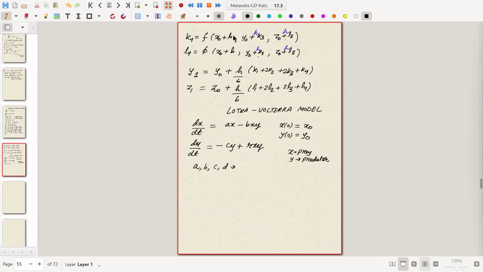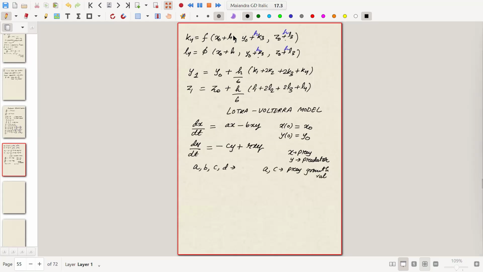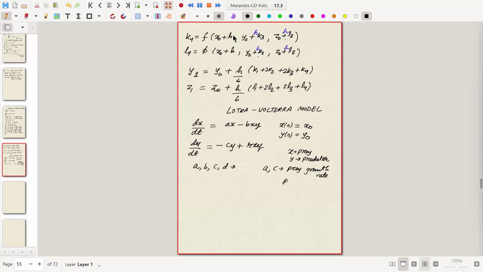So A and C are like the growth rates, and B and R are the predator-prey interaction.